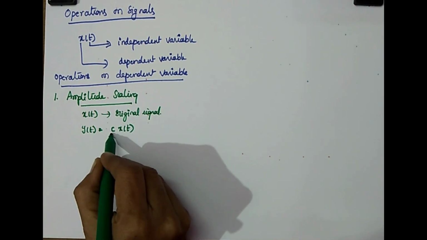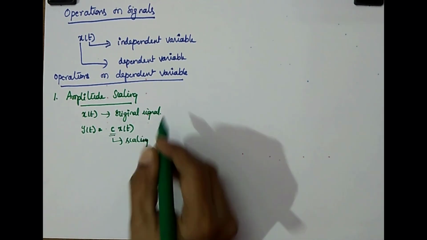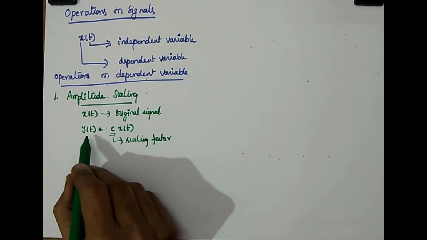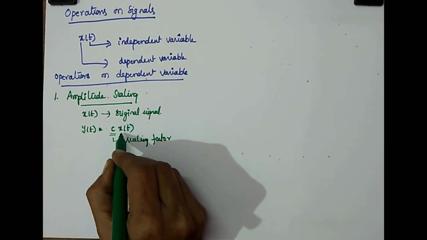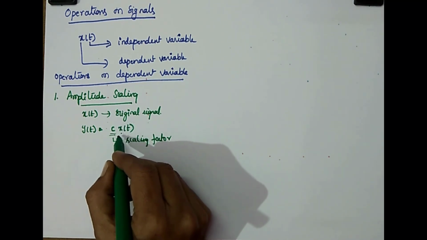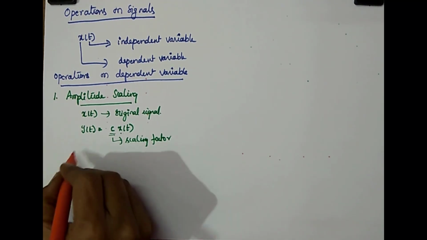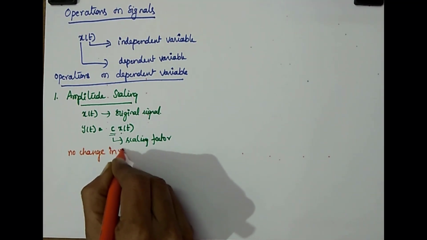Here the scaling factor is c. So when y of t equals c into x of t, the amplitude of x of t gets multiplied by c, or I can say the amplitude of x of t gets improved by c. Another important point is when you increase the amplitude of the signal, there is no change in the shape.